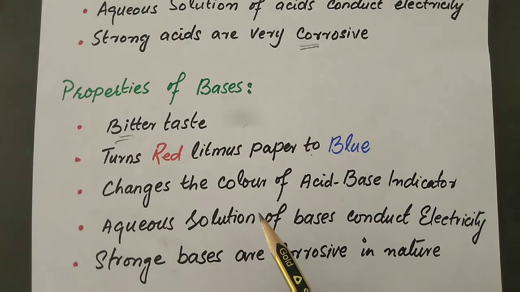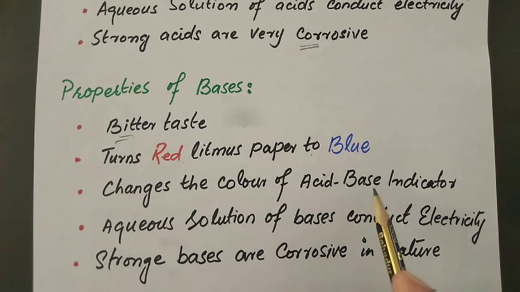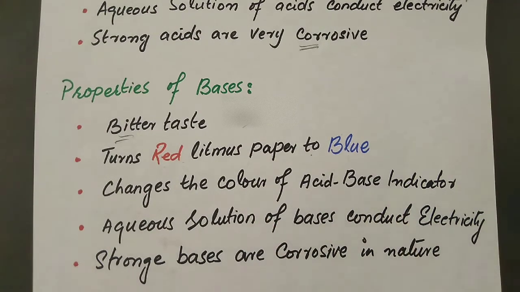Bases also change the color of acid-base indicator. If you introduce base into the indicator, the color of the indicator will be changed. Just like acids, aqueous solutions of bases conduct electricity. They are also good conductors of electricity.